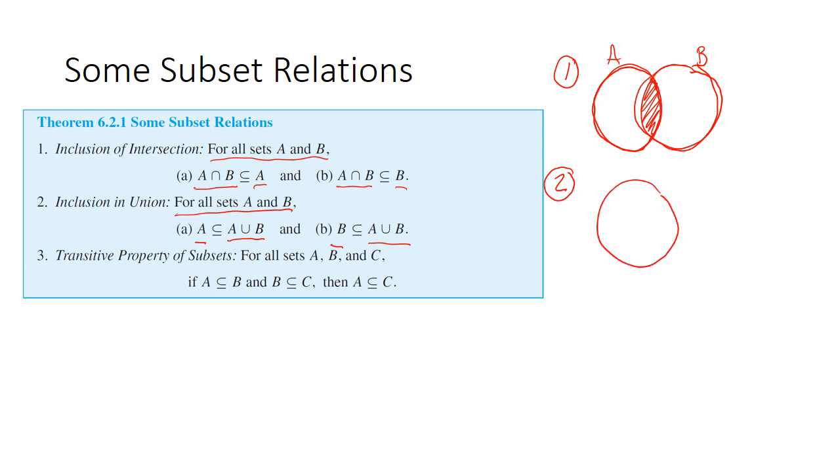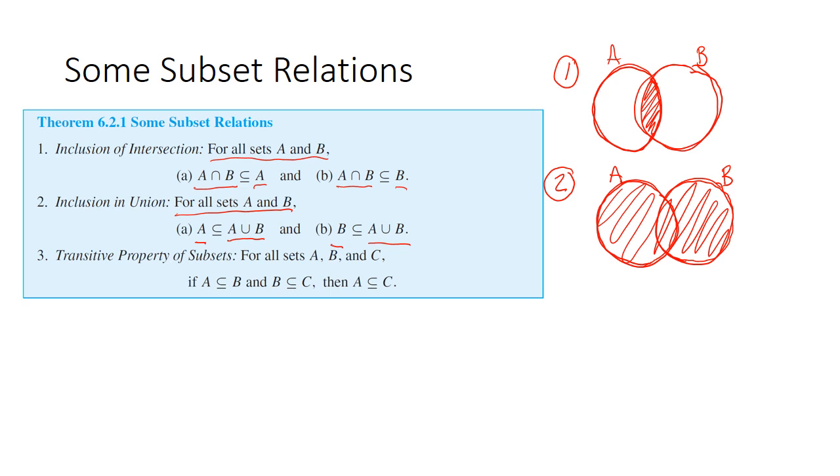So here are sets A and B. And the union of A and B is all of this. It's the double bubble. So it's everything that's in either set. And if you look at this picture here, the set A is a subset of that shaded union area, and the set B is also a subset of that shaded union area.